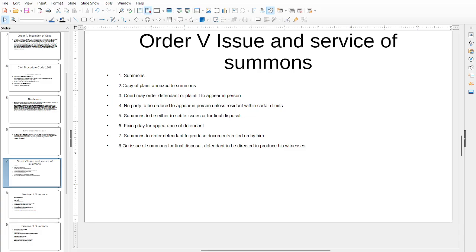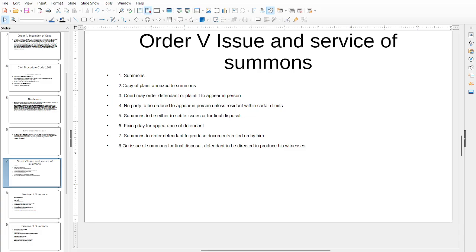Suppose the defendant comes to the court and doesn't file a written statement within the period of 30 days. Then the defendant will be given time so that he can come prepared and give the written statement. He can approach the advocate and the drafting can be done.